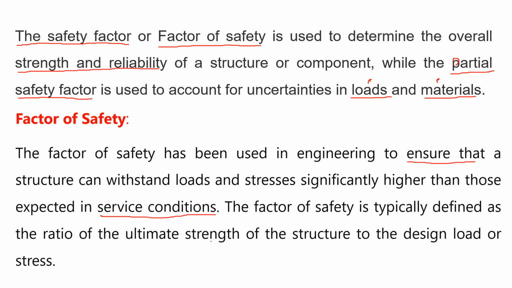The factor of safety is typically defined as, as we already saw in MOS also, the ratio of ultimate strength of the structure to the design load or design stress. Your value of factor of safety should always be greater than 1. It may be equal to 1, but we should always prefer greater than 1. So we have factor of safety, ultimate value upon working value.